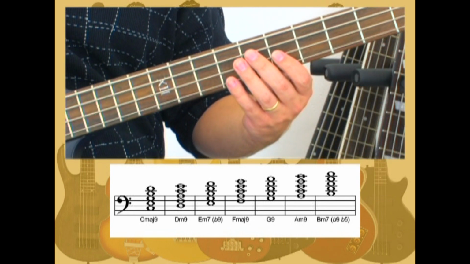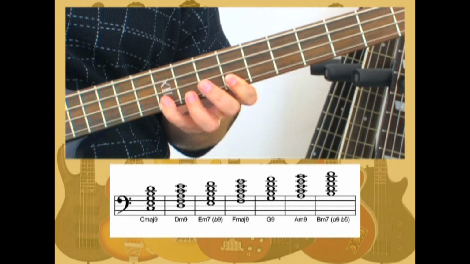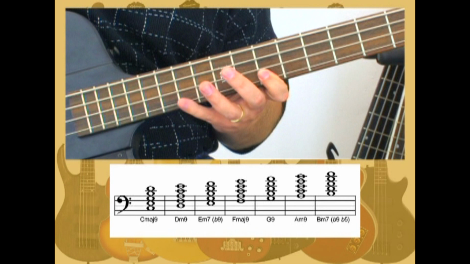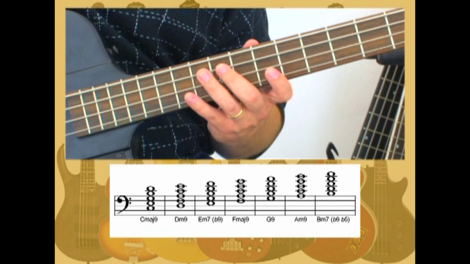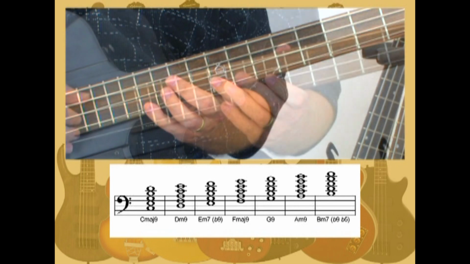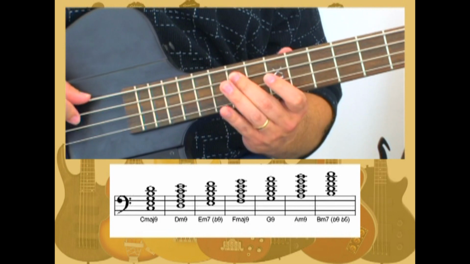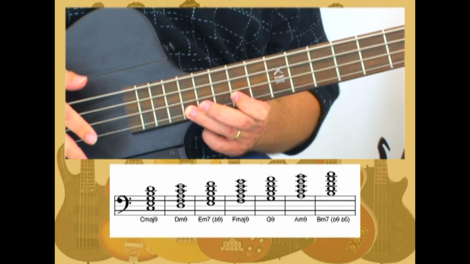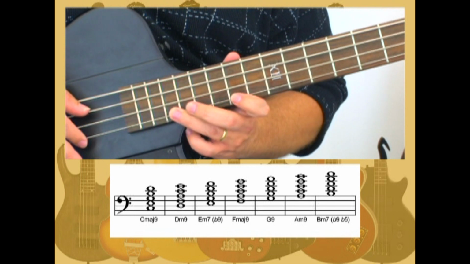The 4 chord builds an F major 9, F, A, C, E, G. The 5 chord is a G9, G, B, D, F, A. The 6 chord is an A minor 9, A, C, E, G, B. And the 7 chord is a B minor 7 flat 9 flat 5, B, D, F, A, C. In theory, the 7th chord is often altered, raising the flat 9 interval C to a major 9th, C sharp.